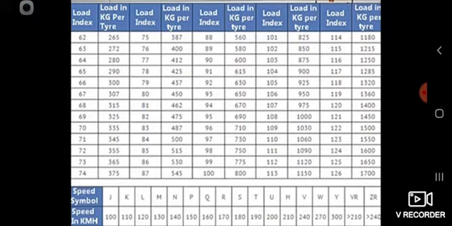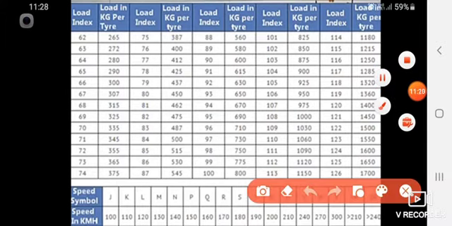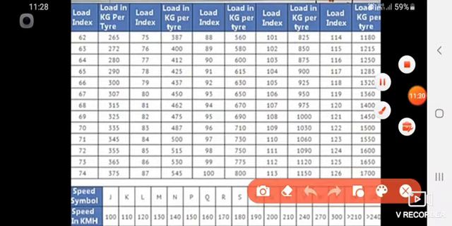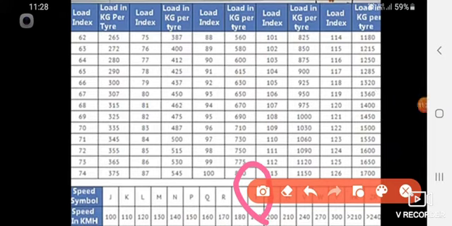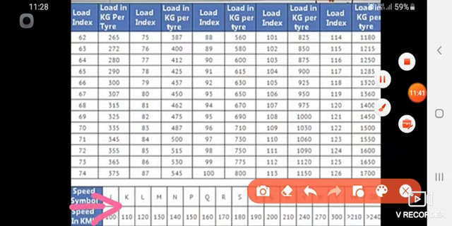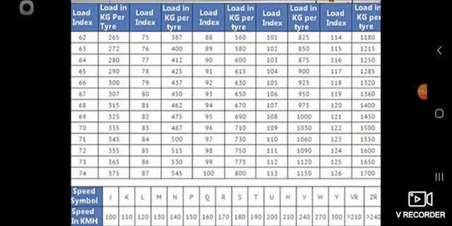Okay, I have a screenshot of a standard catalog from which we can find out the respective value of the letter T. Sorry, we can find this T value from the bottom chart. In this bottom chart, the T value is 190.